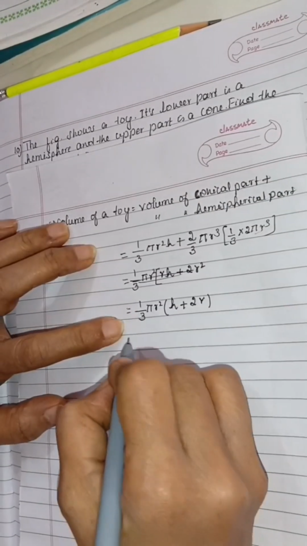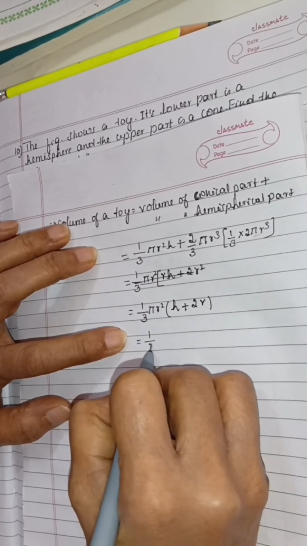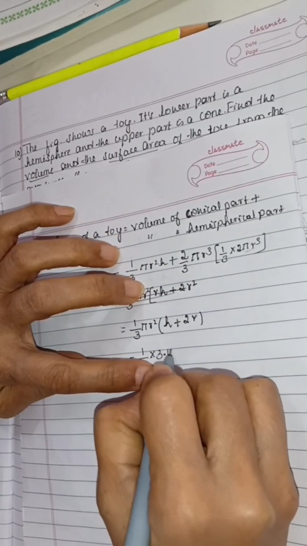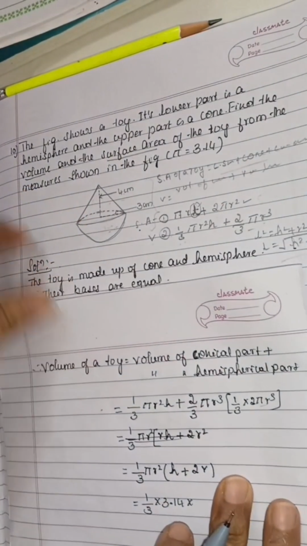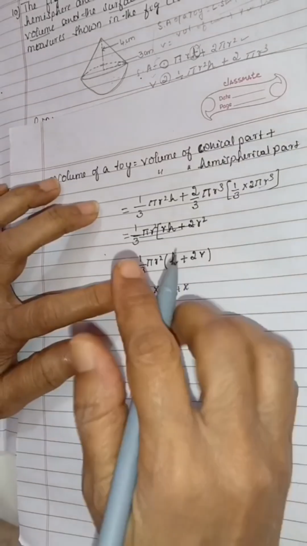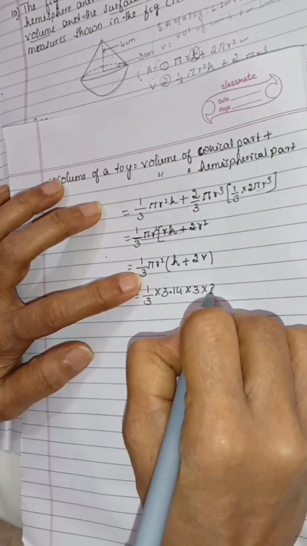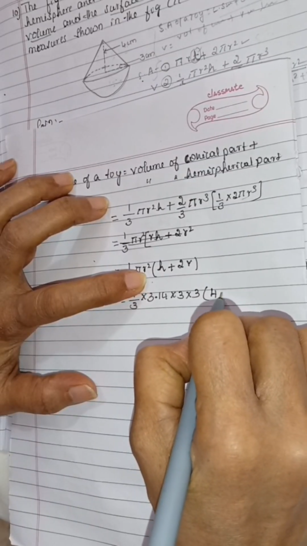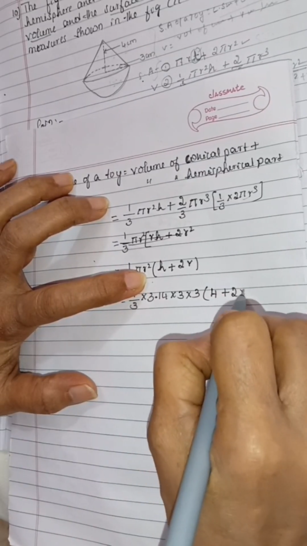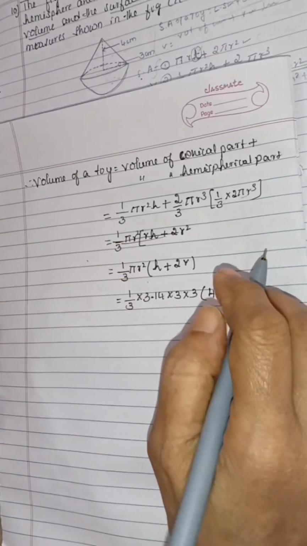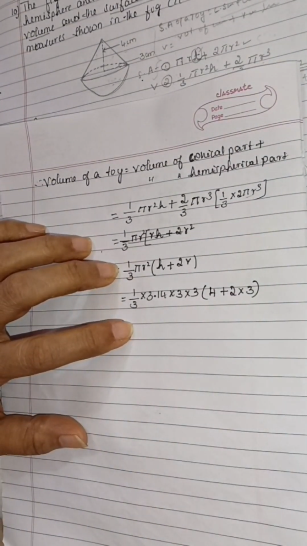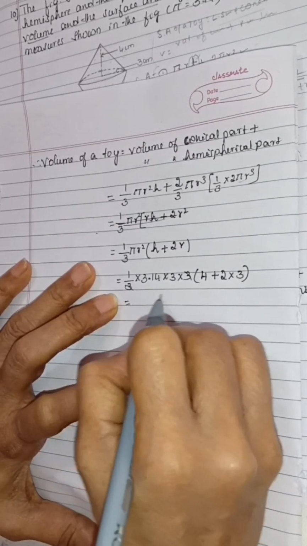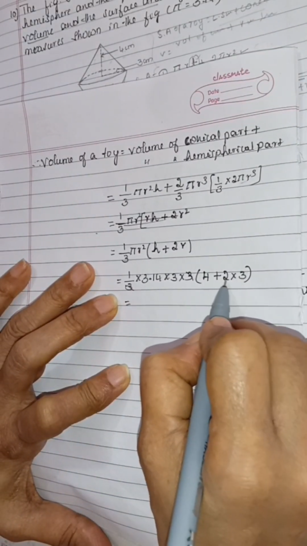That is 1 by 3 multiplied by pi, the value is 3.14, multiplied by r square, 3 multiplied by 3, into h is 4 plus 2 into r, radius is 3. So we can simplify in this way, 3 ones are 3, this 3 gone. Now this is 4 plus 2 times 3, that is 6.